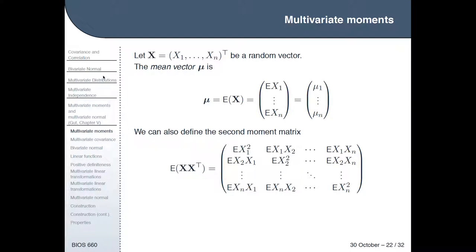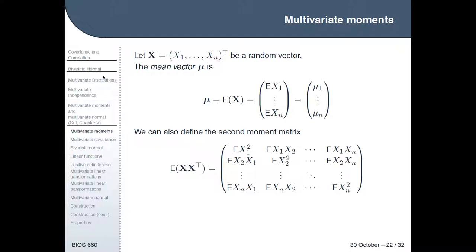If you work out the matrix math, you end up with expected value of x1 squared, expected value of x2 squared down the diagonal, and each off-diagonal element is just the expected value of x1 times x2, expected value of x1 times x3, etc., where hopefully the pattern is fairly obvious.